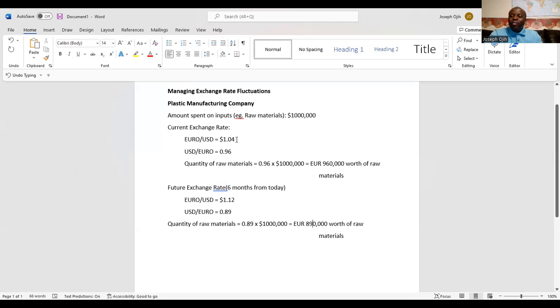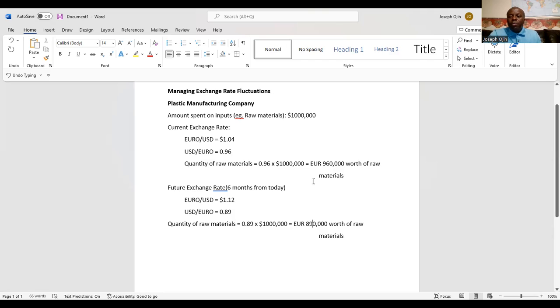But to hedge it, they have to pay some kind of fee to buy that protection, so that even though the euro has appreciated, they will still get it at the old rate because they have paid for the protection. It's like paying a middleman to protect you from adverse effects of trade.